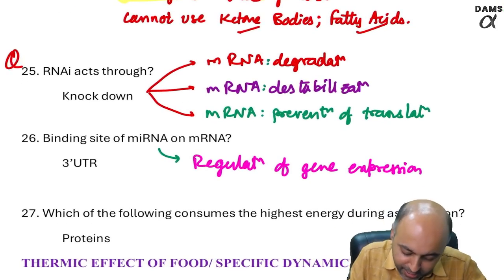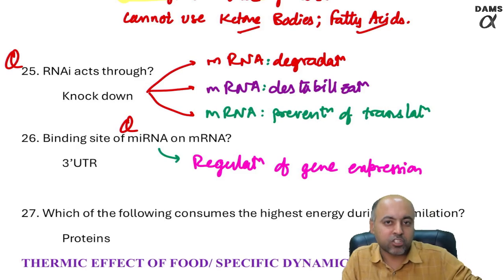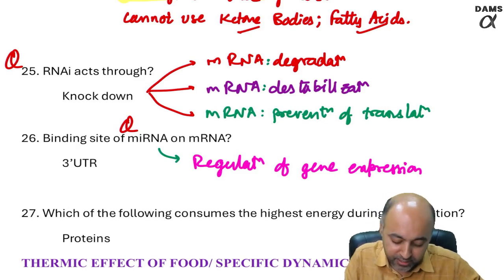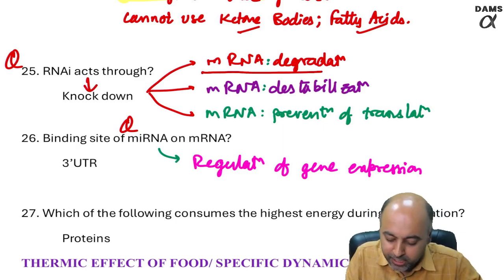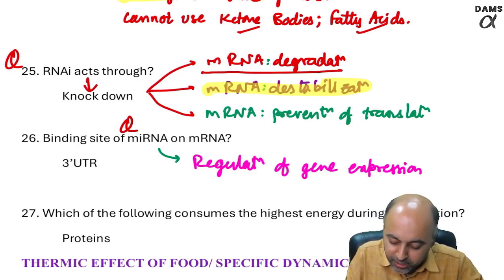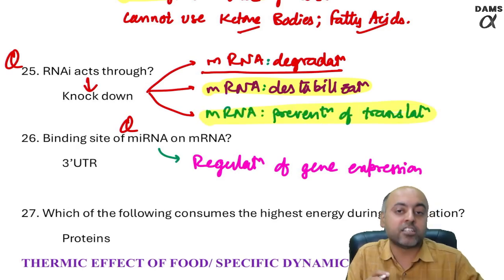RNAi and microRNA, same question. RNAi stands for RNA interference. It acts through knockdown. Knockdown has three mechanisms: mRNA degradation, mRNA destabilization, and prevention of translation of messenger RNA.